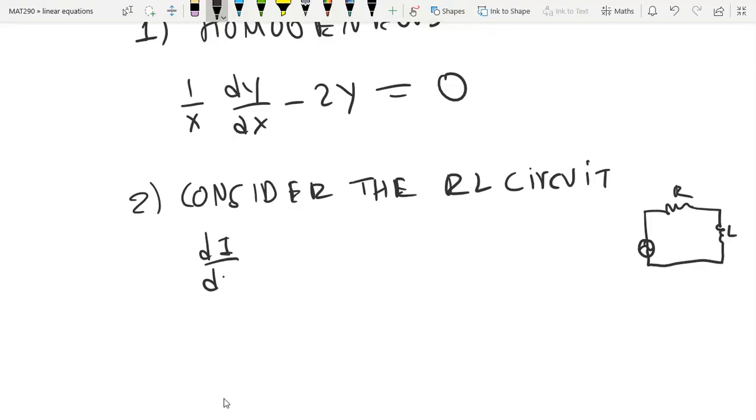The equation that we will derive in a different clip is of the following form: L dI/dt plus R I equal to a periodic voltage. And here I is the current.